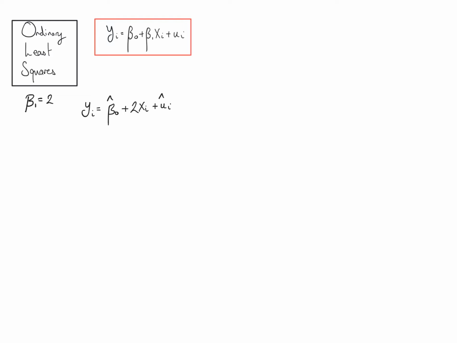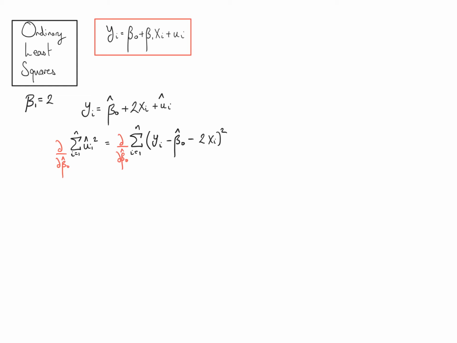So the sum of the ui hat squared is going to be equal to the sum from i equals 1 to n of (yi minus beta naught hat minus 2xi) all squared. And the only thing that we're choosing here is beta naught hat, so we're going to differentiate with relation to beta naught hat.